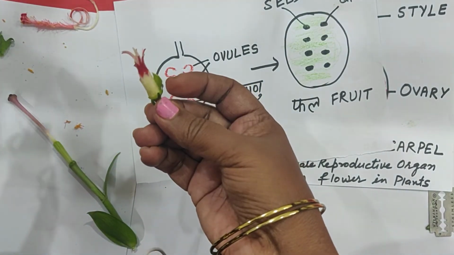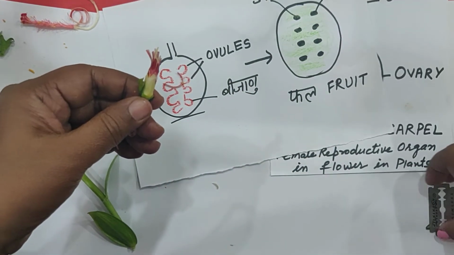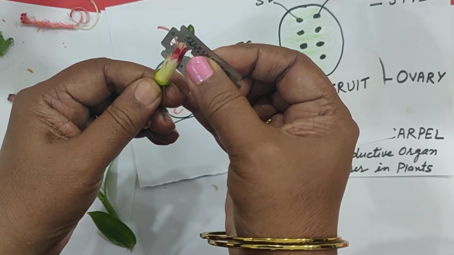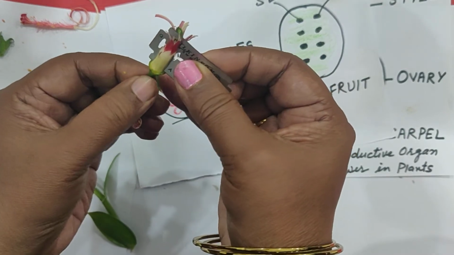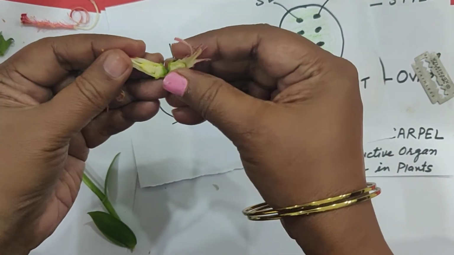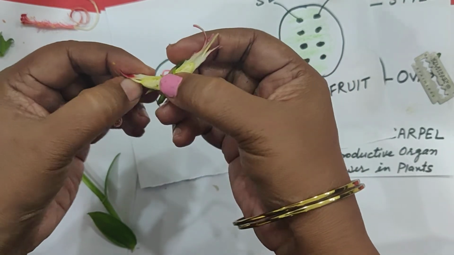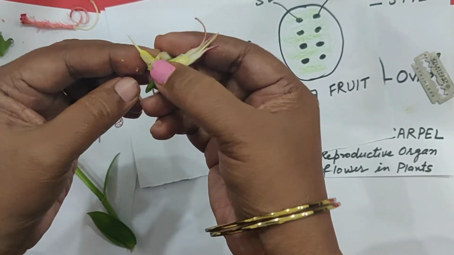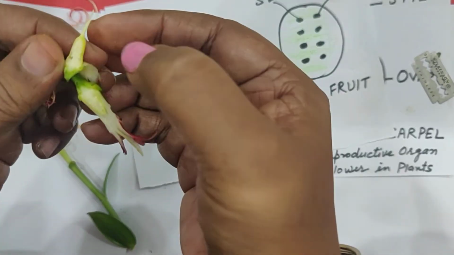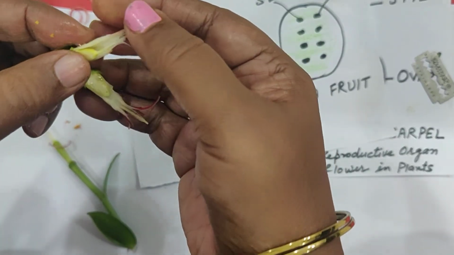We will cut this ovary with the help of this blade. This should be done with the help of our elders, otherwise this can be very dangerous. Now have a look. This is ovary, and inside ovary very small ovules.